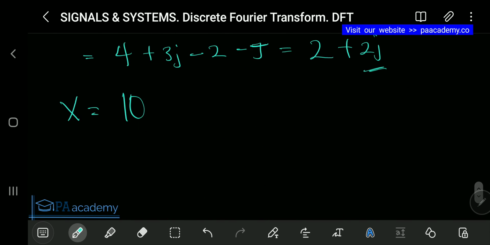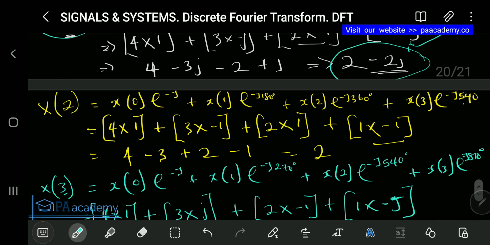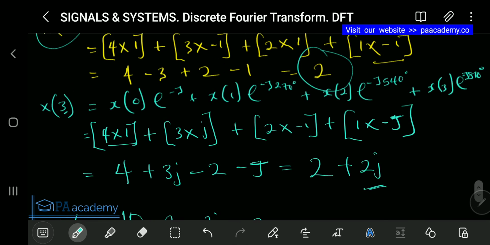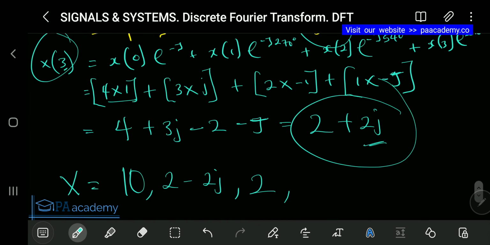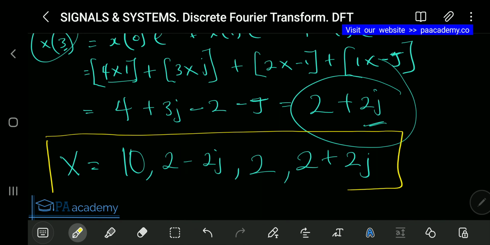Then when it was x of 2, we got the answer to be 2. Let's take note of that. And then when it was x of 3, we got it to be 2 plus 2j. And what we have right here is our final answer.